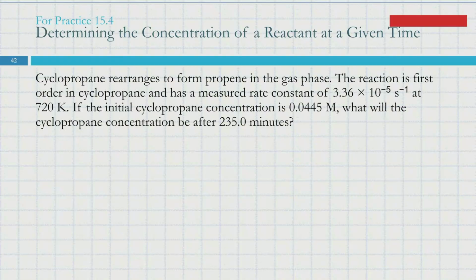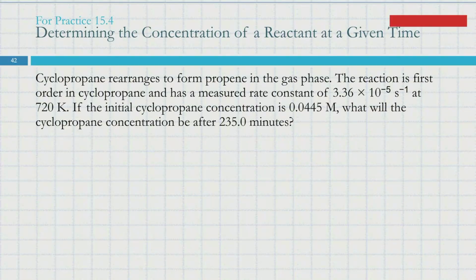All right. Cyclopropane rearranges to form propene in the gas phase. The reaction is first order with respect to cyclopropane, and has a measured rate constant of 3.36 times 10 to the minus 5 inverse seconds at a temperature.